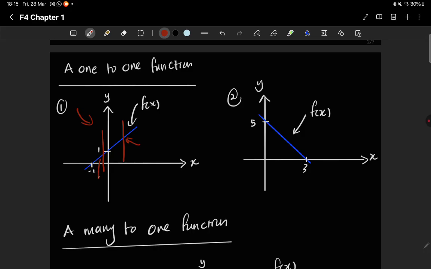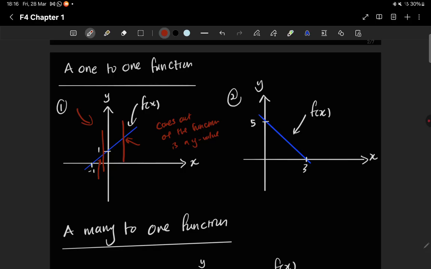If I draw again, it just intersects at one point of the graph. This proves that for every x value that is given, there's only one y value, because technically whatever comes out of the function is a y value.